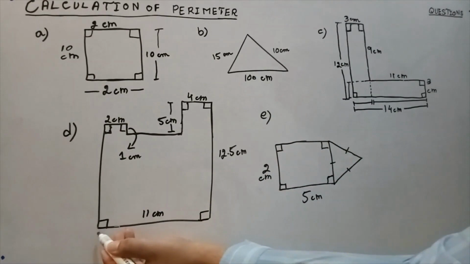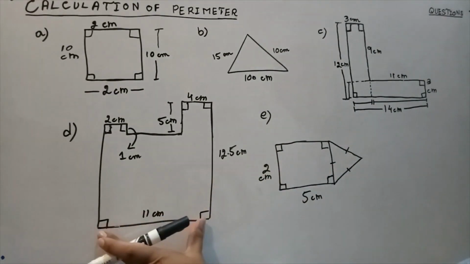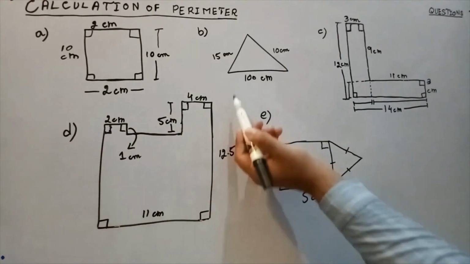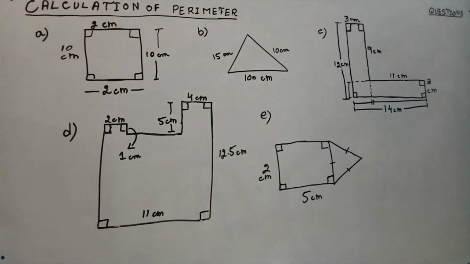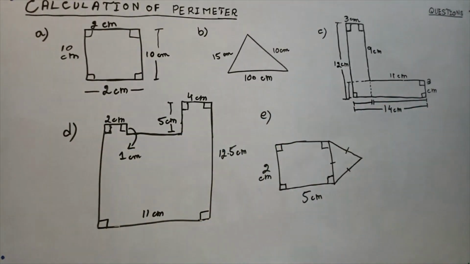From here to here we have 11 centimeters. You can see that here we have 90 degrees. It means that here if we have 11 centimeters, so from here to here I also have 11 centimeters. It means that from this line to this line I have 11 centimeters.